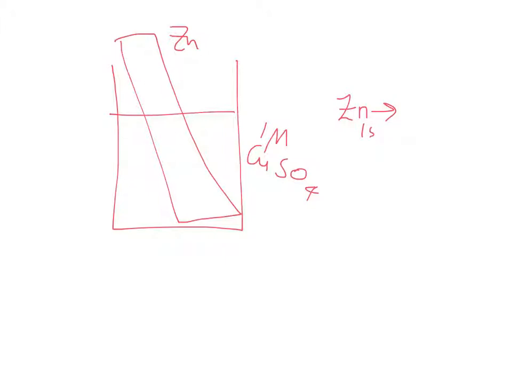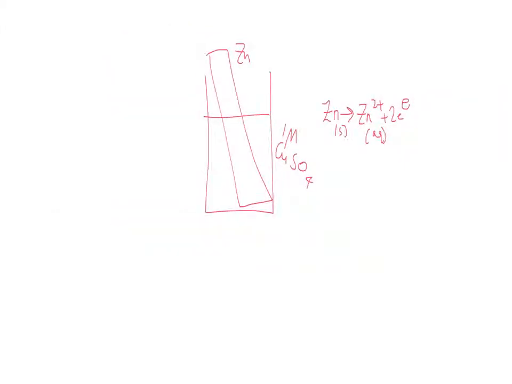That means very readily zinc is going to give you Zn2+ plus 2 electrons. And where would those electrons go? They would stay within this solution. So one can say that at this interface we are having the oxidation reaction that I just discussed.